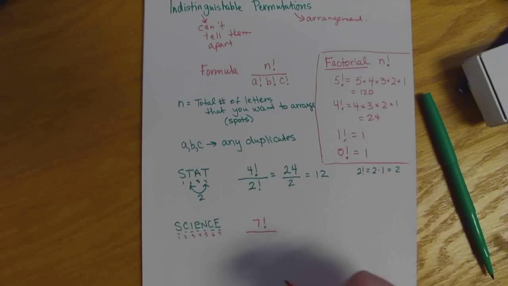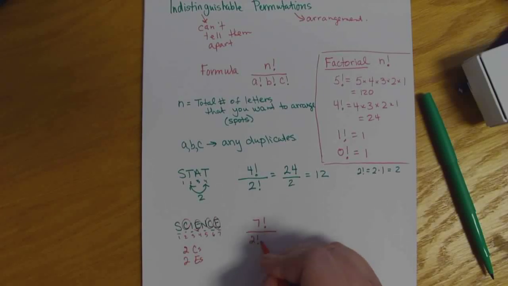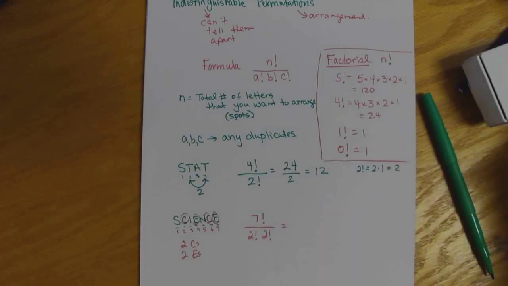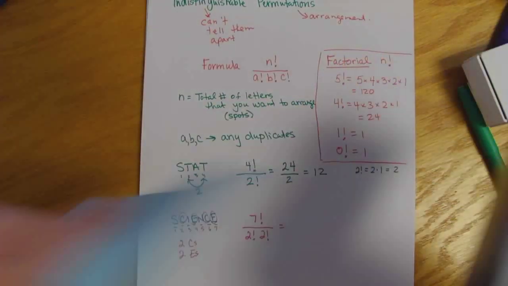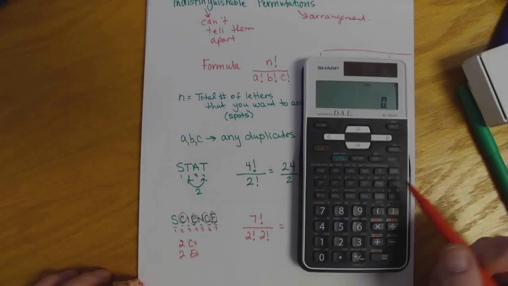7 times 6 times 5 times 4 times 3 times 2 times 1. Now there are 2 C's here, and there are 2 E's. So we're going to divide by 2 factorial and by another 2 factorial. Now, on your calculator, there is a factorial button.